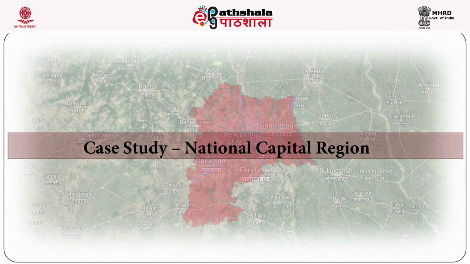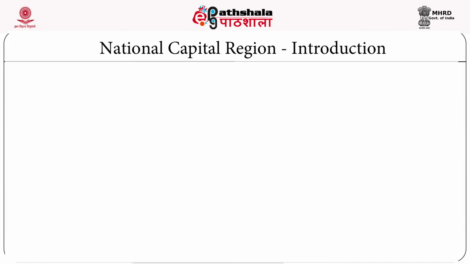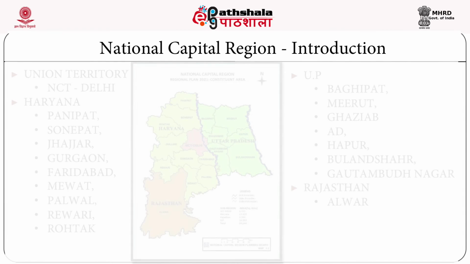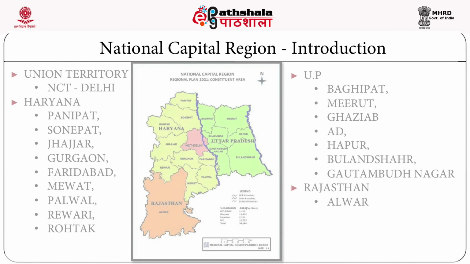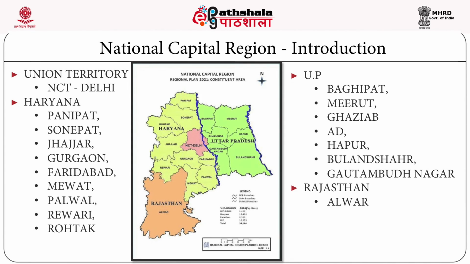So now we come to the National Capital Region Plan, that is the regional plan for the NCT Delhi, which is encompassed by 3 states which are part of this regional plan, that is Haryana, Uttar Pradesh and Rajasthan.